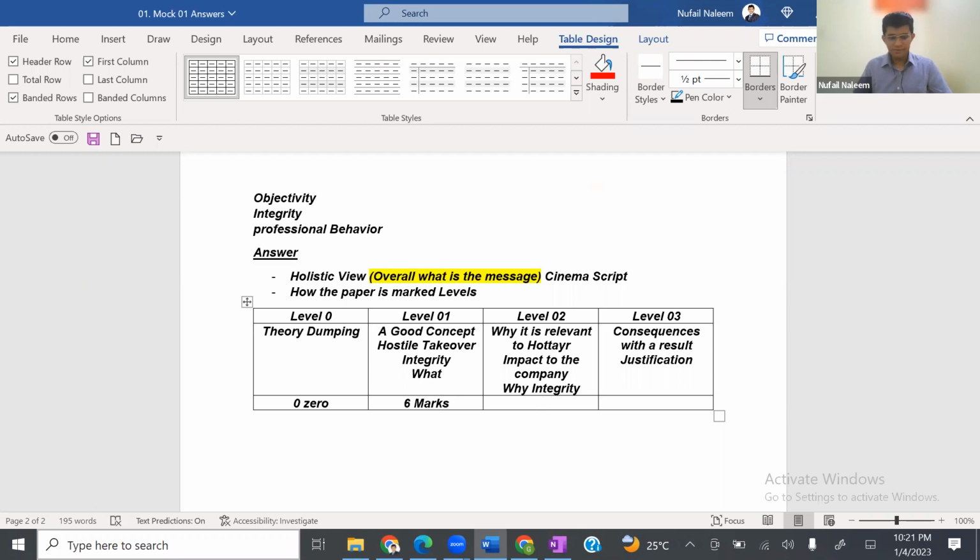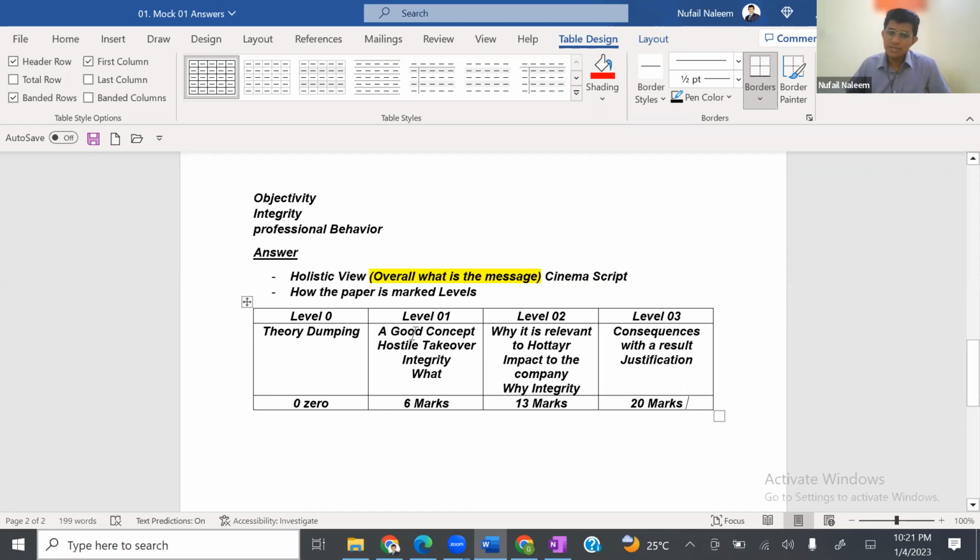But if it is level 2, it will jump to 13 out of 20. And if it is a well justified, holistic answer, it will end up in 20 marks. So they are not going to give you marks basically on points. They are going to give you the marks on how detailedly you have justified with the situation. Are you understanding the marking style, students?